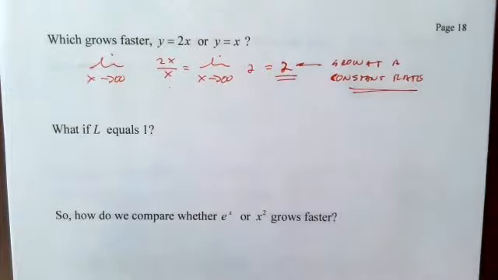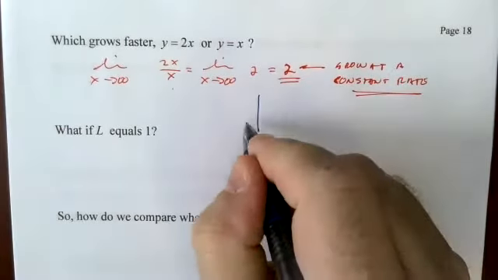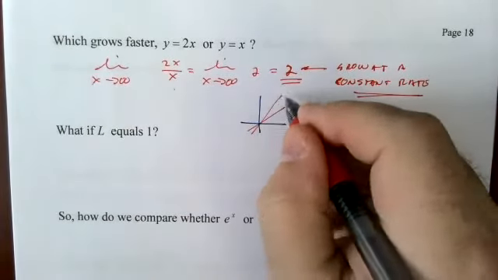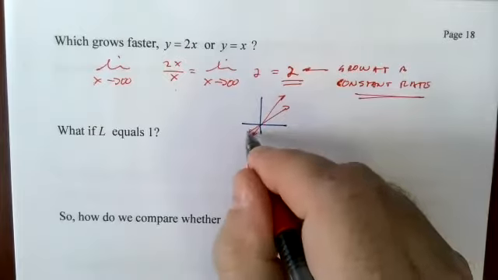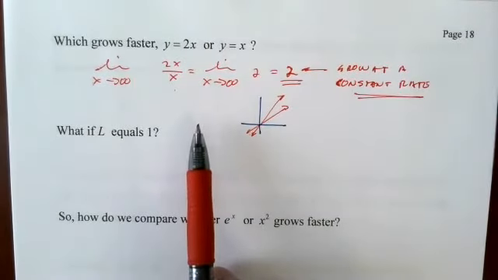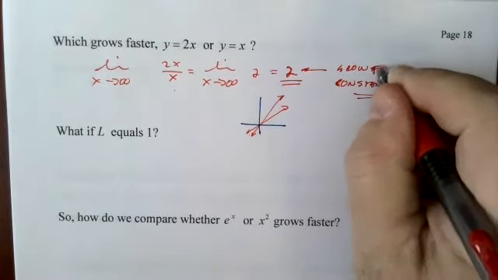Which you say, no, they don't. That's x and that's 2x. Look, as they get bigger and bigger, they diverge. That's not what we're getting at. That's not what we mean. All right, their growth is at a constant rate. I have no idea what I wrote here. That's very weird.